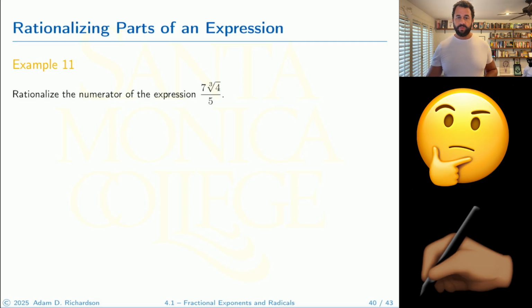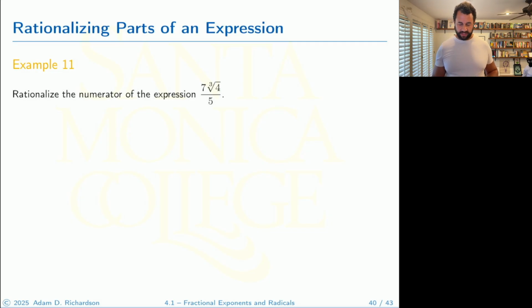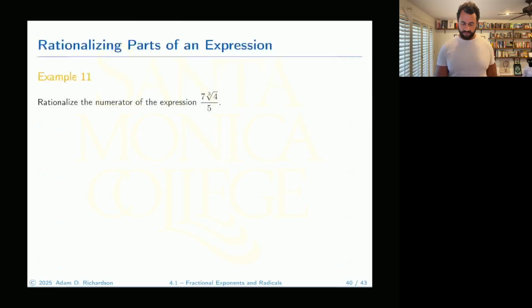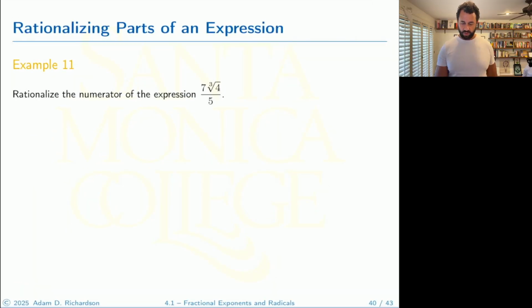Here we go. We want to rationalize the numerator, and we're going to multiply by a clever one. The catch with this example is that this is a cube root, not a square root. So if we want to get rid of that irrationality in the top, we're going to have to multiply by a couple of factors of the cube root of 4, not just one.